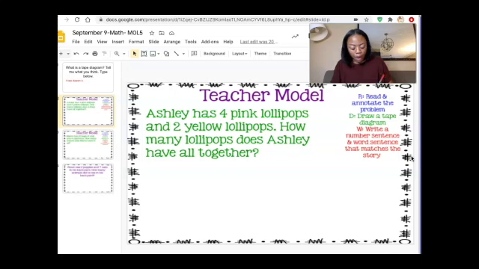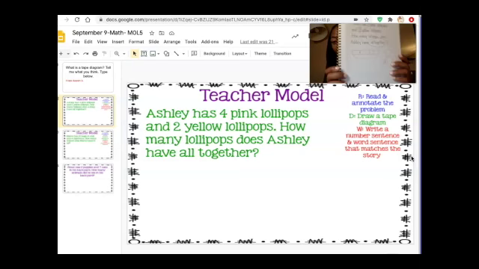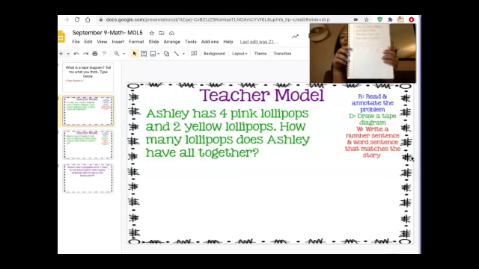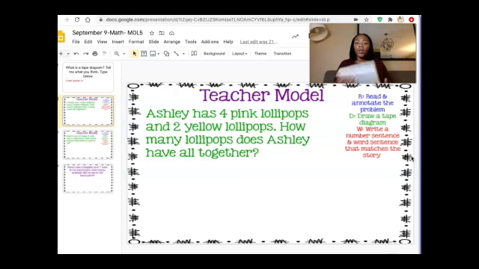We know that one part is 4 and one part is 2. But we don't know the whole here. So what can we do to find the whole? We can add our 2 parts together to find the whole.